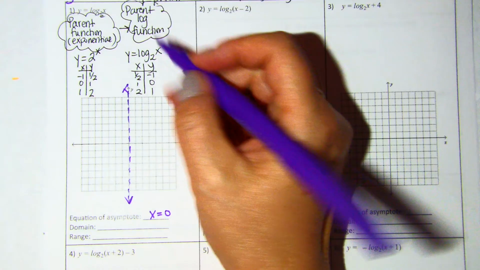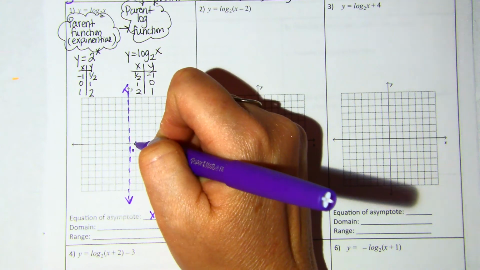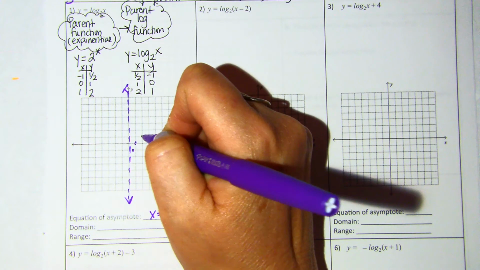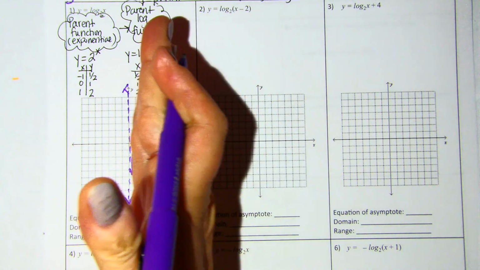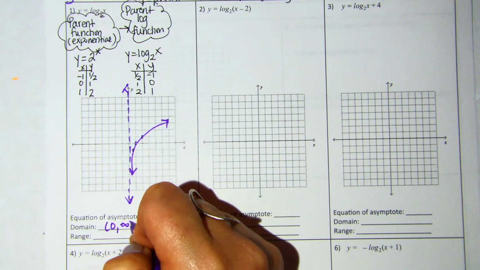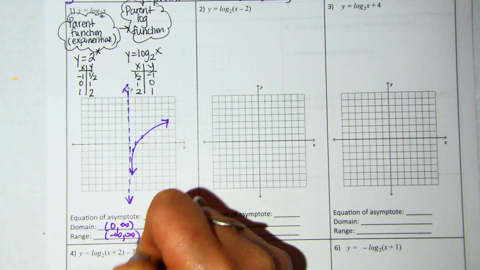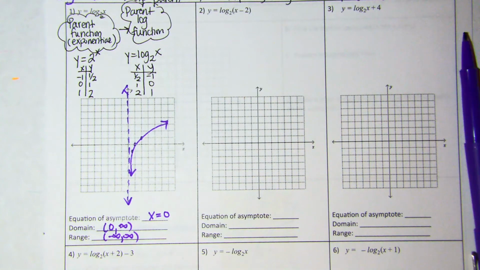Okay, so x equals 0. And then I'm going to graph this. So 1/2, -1; 1, 0; and then 2, 1. Right? The domain is x is bigger than 0, so 0 to infinity, and the range is -infinity to infinity. Perfect. So this is what we're starting with.